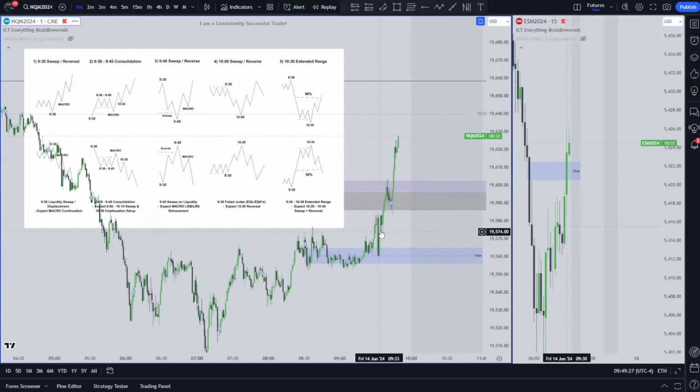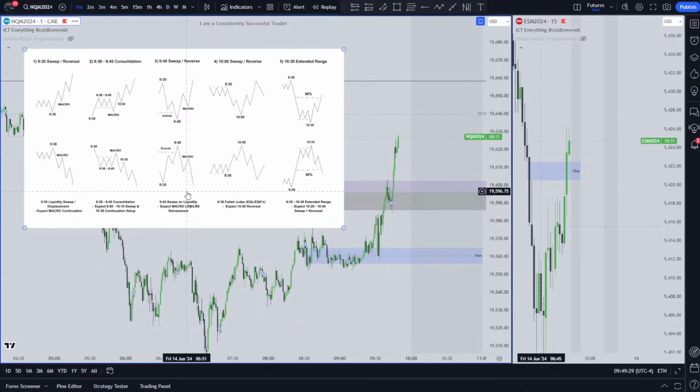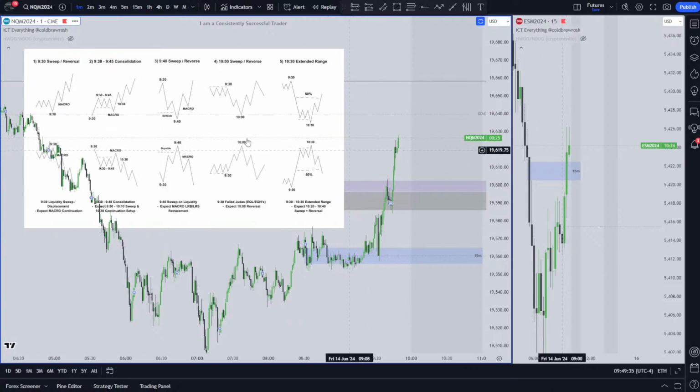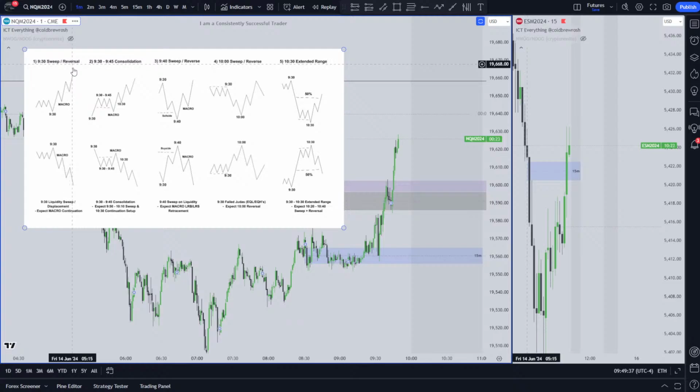Okay, what did 9:30 do? Did 9:30 sweep a measure of sell side? It did. So the possible scenario already for a potential buy is this 9:30 sweep reversal. In this scenario, 9:30 didn't do that. The 9:30 buy scenario.